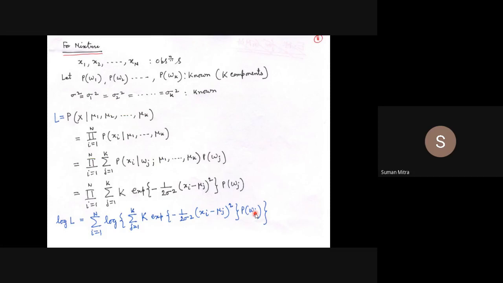Very, very complicated expression. Got it? So finding out the maximum likelihood of the finite mixture model or finite Gaussian mixture model is not so easy.